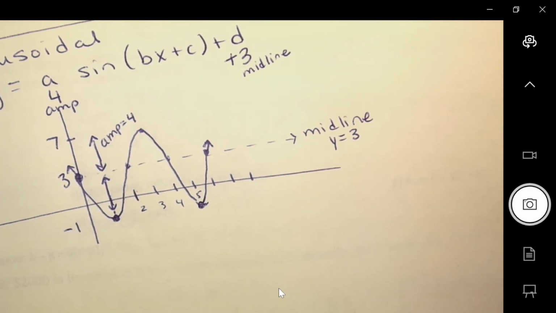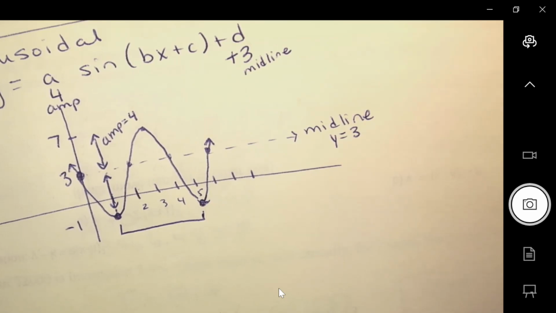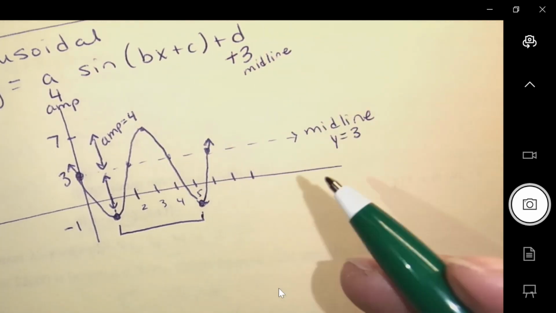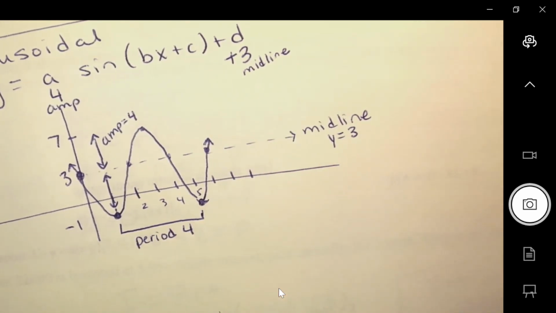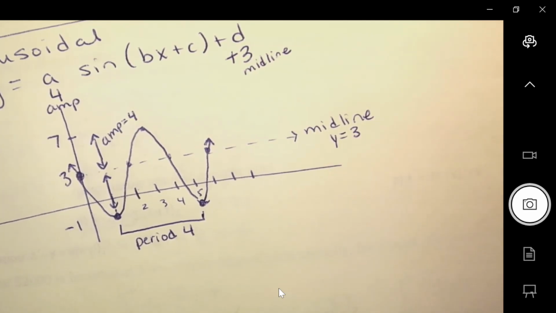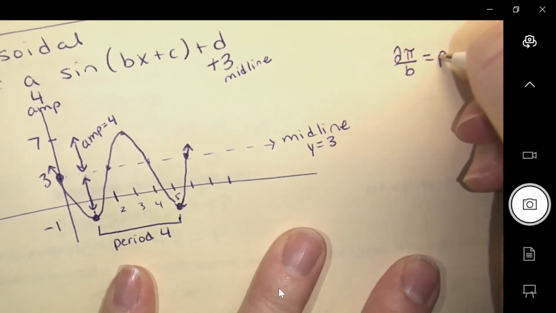So if I labeled my axis 1, 2, 3, 4, 5, then going through those 4 points, when you get to the 5th point, so going from a low back to another low, that completes a cycle, which is called your period, which is 4, because I went from 1 to 5. So it's a distance of 4. So that's a period, so you probably want to label a period on there. And you better put this on there: 2 pi over b equals period.